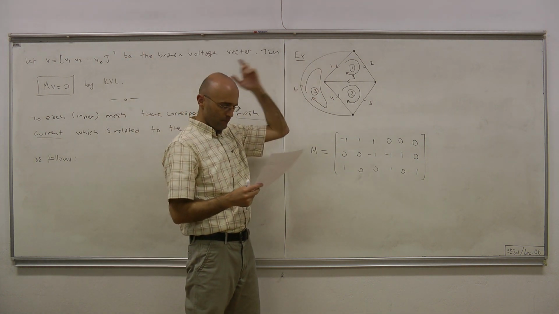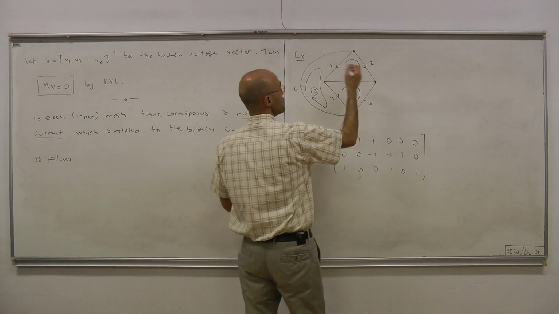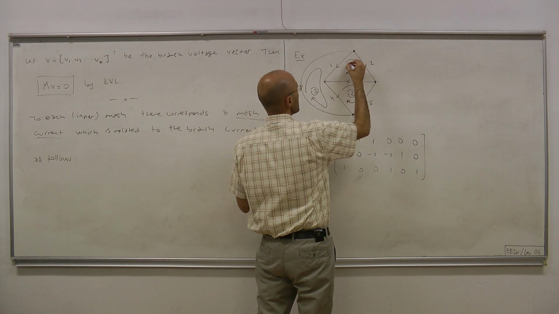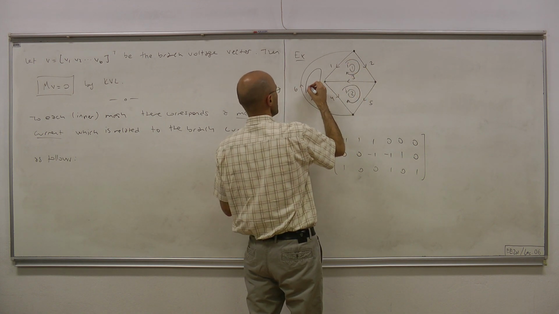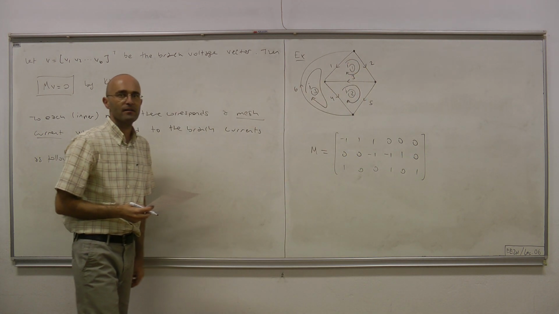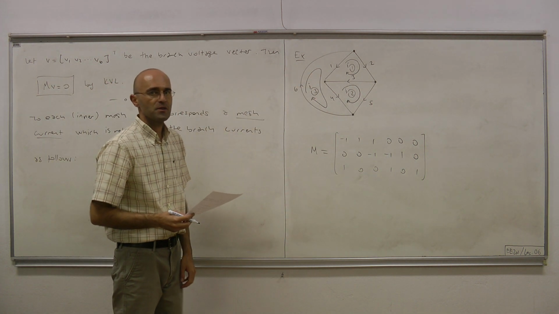These were our inner meshes, or meshes from now on, and to each mesh we now assign a current. I sub 1, I sub 2, and here we have I sub 3. Mesh currents, and their directions are clockwise.